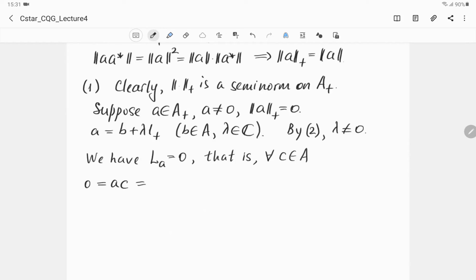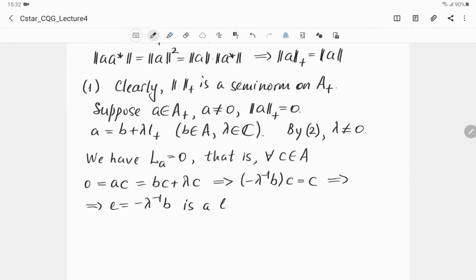So explicitly AC is BC plus lambda C. And since lambda is not 0, we can equivalently write this formula as follows: minus lambda inverse BC equals C. And this implies that this element in brackets, let's denote it by E, minus lambda inverse B, is a left identity in A.